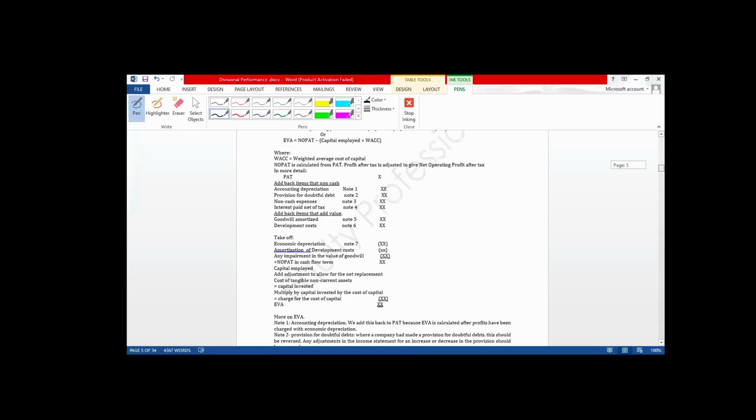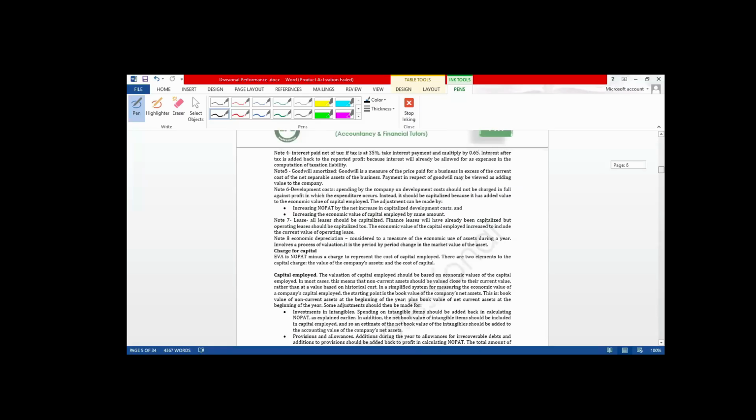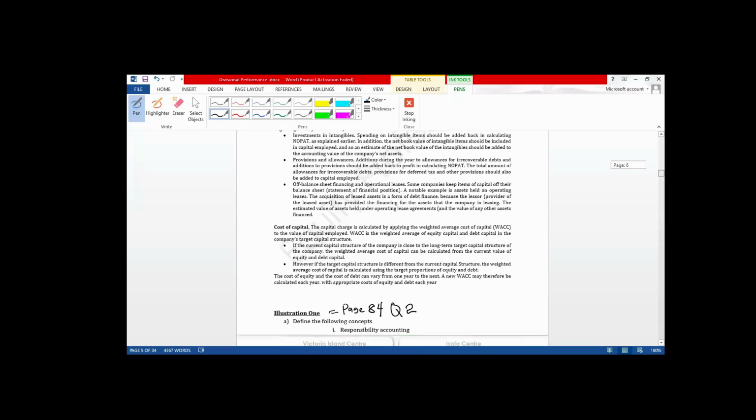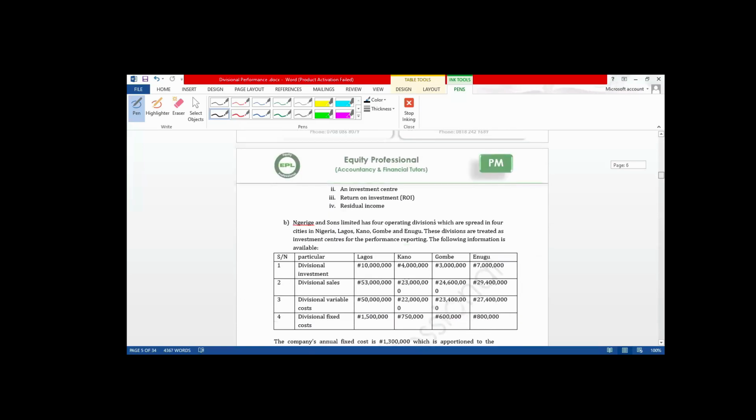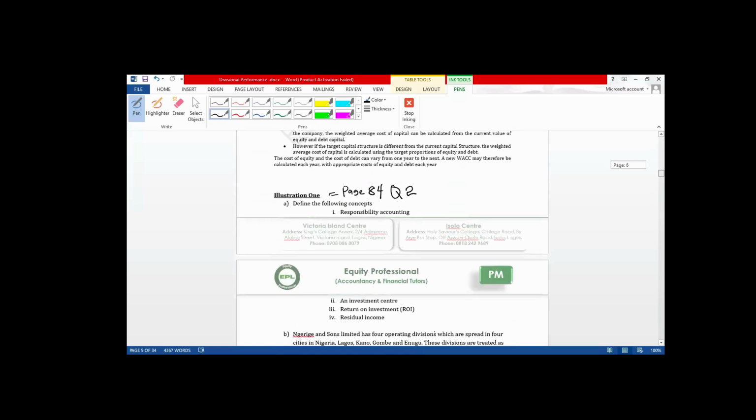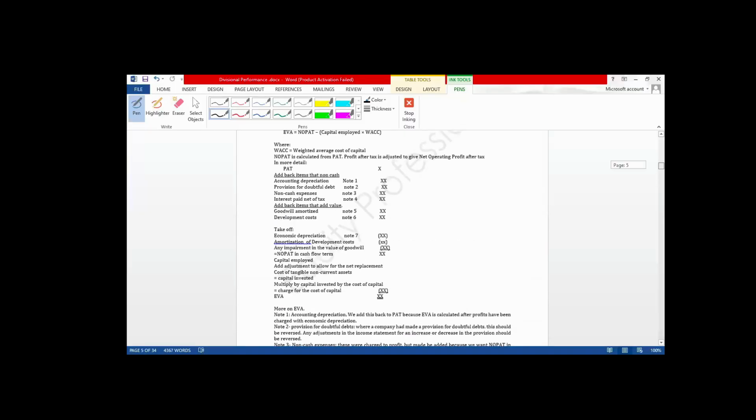It is even better to explain more with questions. It's better to demonstrate this with questions, because the adjustment items are like 88 or 83.